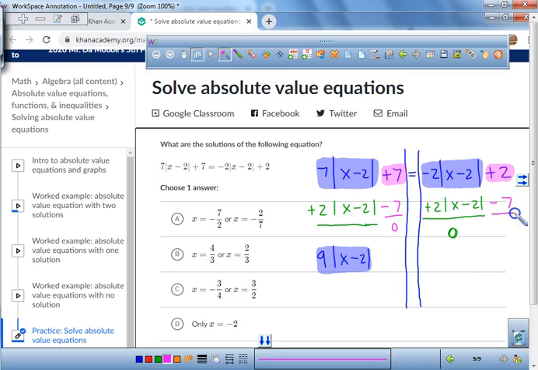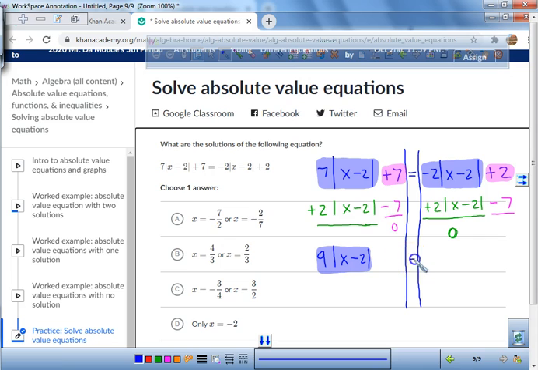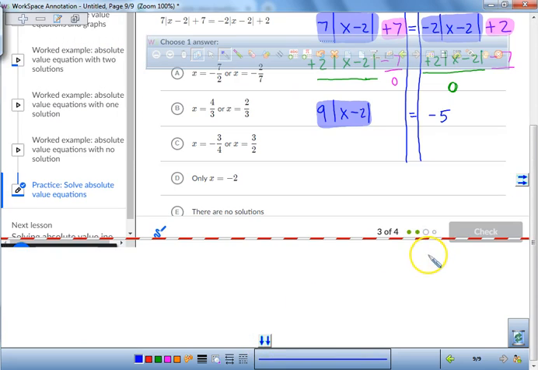What do I have left? I have 9 times the absolute value of x minus 2. 2 minus 7 is negative 5. Interesting. So I have 9 times the absolute value of x minus 2 equals negative 5.